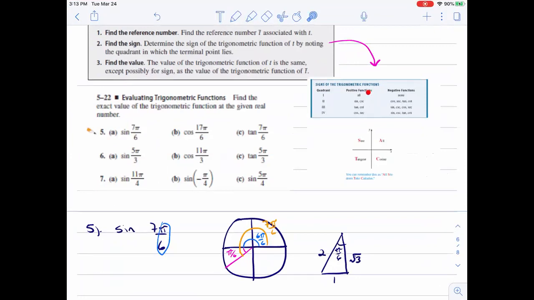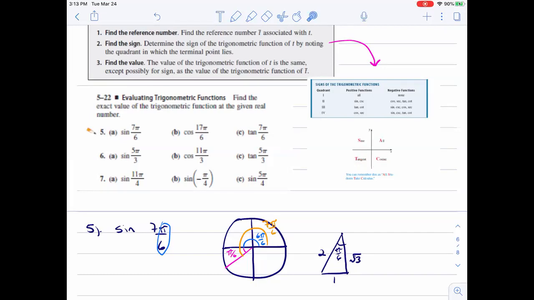In quadrant 1, all of the functions are positive. In quadrant 2, sine and cosecant, so let's just talk about the sine. In quadrant 3, tan and cotangent. And in quadrant 4, cosine. So here all of them are positive. Here only sine is positive. Here only tangent is positive. And here only cosine is positive.